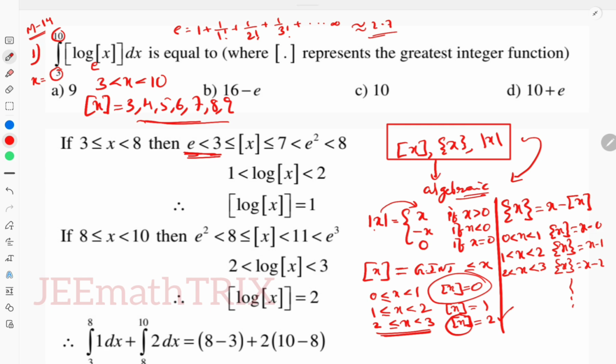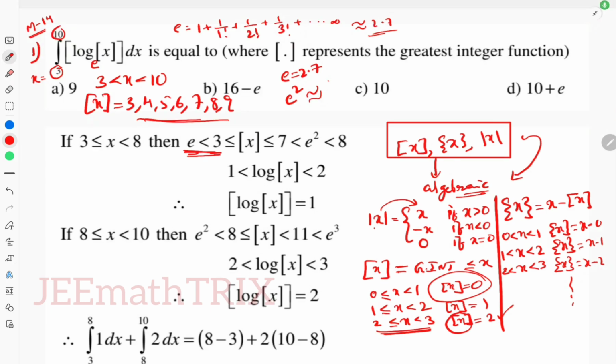So the value of e is 2.7. Then e square will be approximately 7.29. That means it is less than 8, so e square is less than 8.